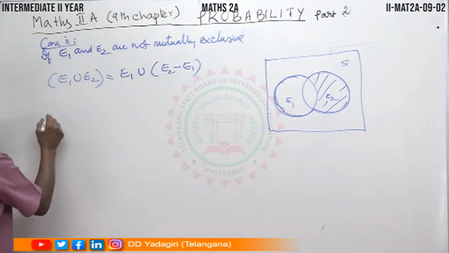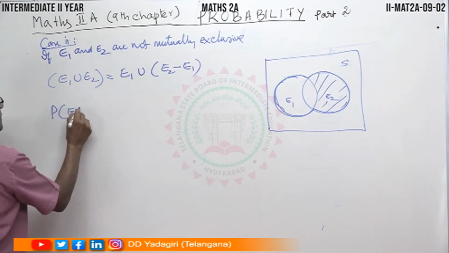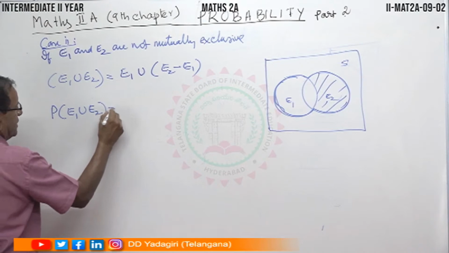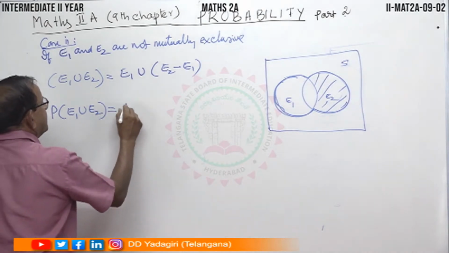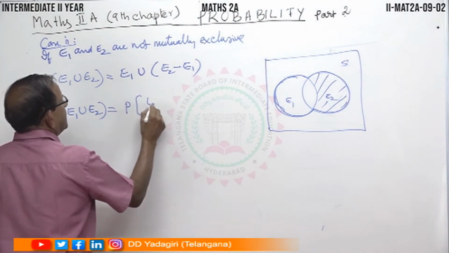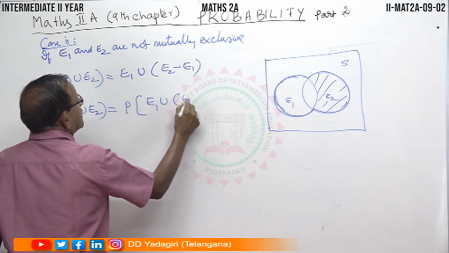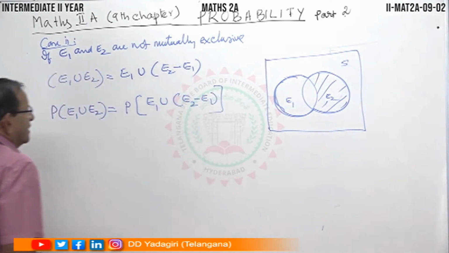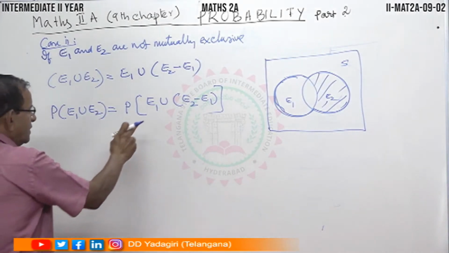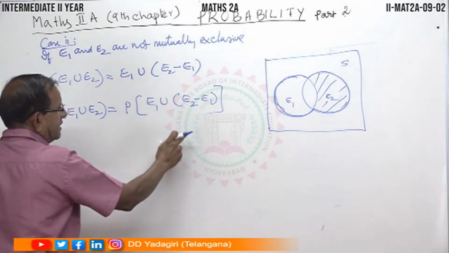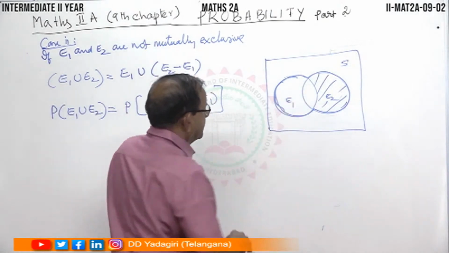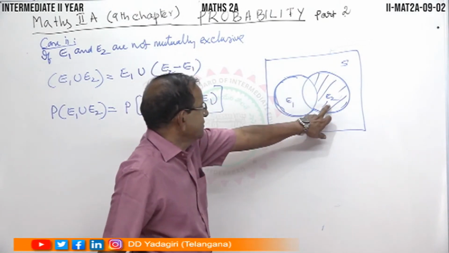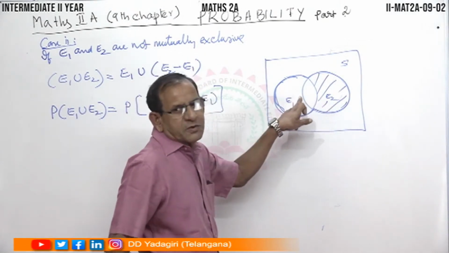Now let us take the probabilities. P of E1 union E2 is equal to P of E1 union (E2 minus E1). Now these two sets, E1 is the white part, E2 minus E1 is the shaded part. They have no common part.